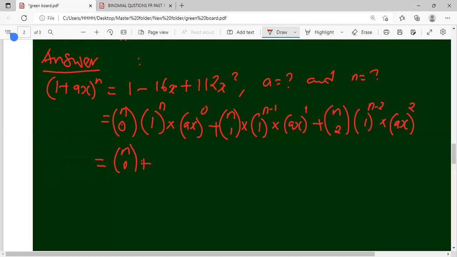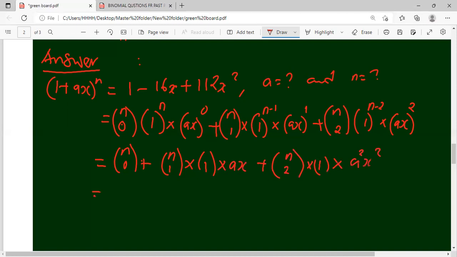Plus you have n choose 1, so 1 to the power n minus 1 will be 1, by ax, plus n choose 2 by 1 by a squared x squared.